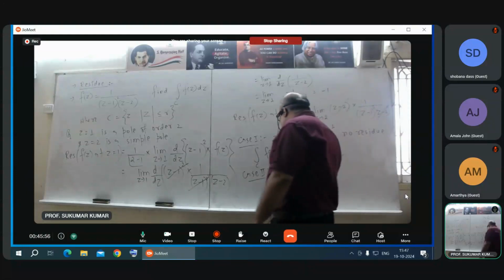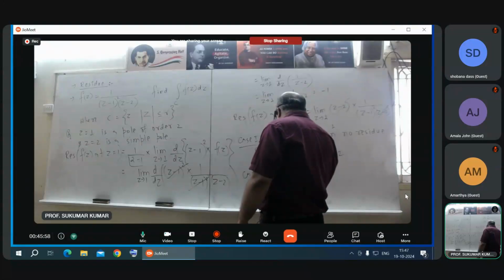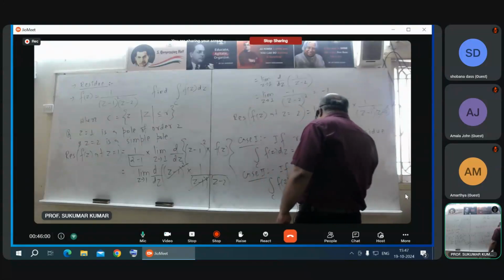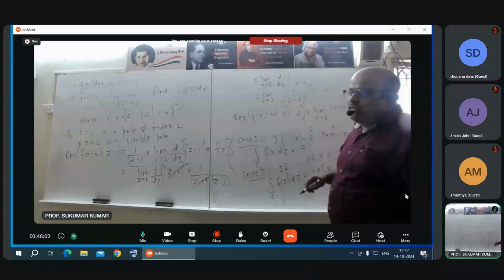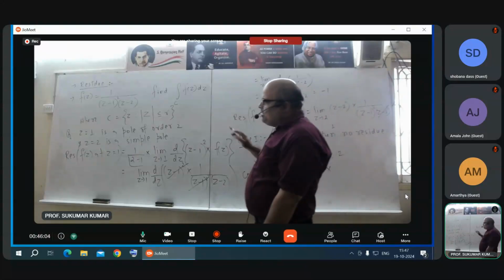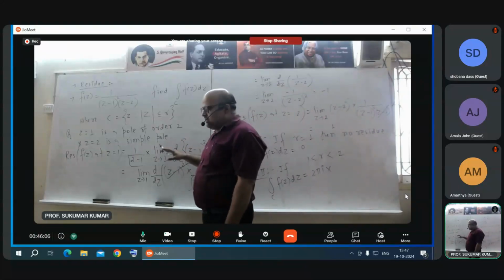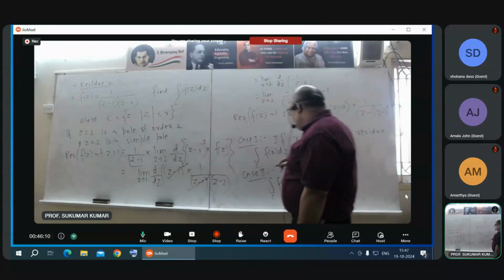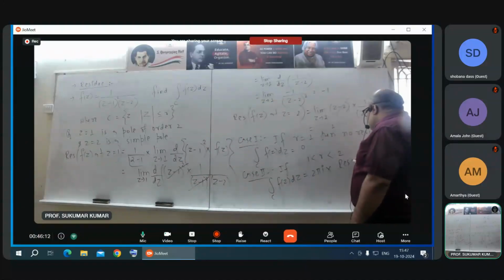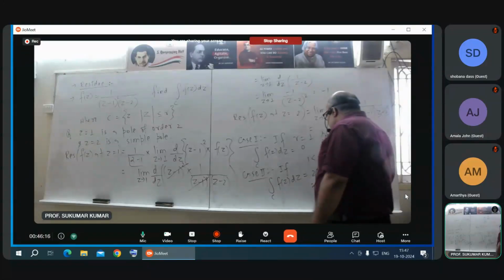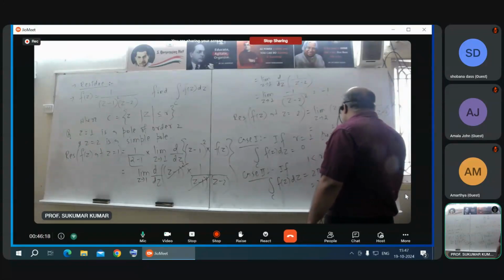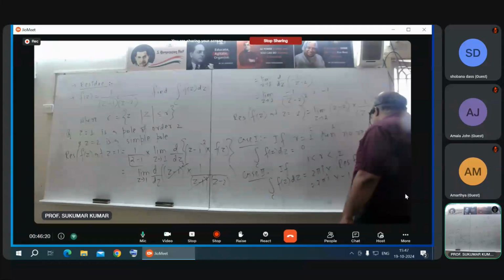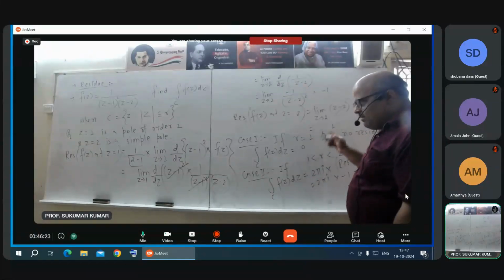Then what is the integral of f of z dz? 2 pi i into, we only find the residue at 1. At 2, no need to find. So residue of f of z at z equal to 1 is minus 1. So 2 pi i into minus 1, so minus 2 pi i.